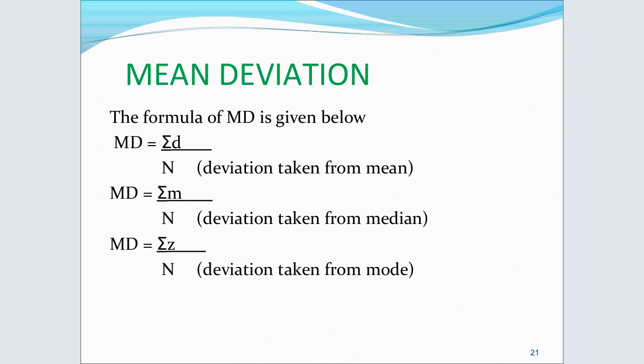This is 0. 0 plus -3 plus 1 is -2. And this is 2. Becomes 0. 0 divided by 5. Somebody with a calculator, 0 divided by 5.